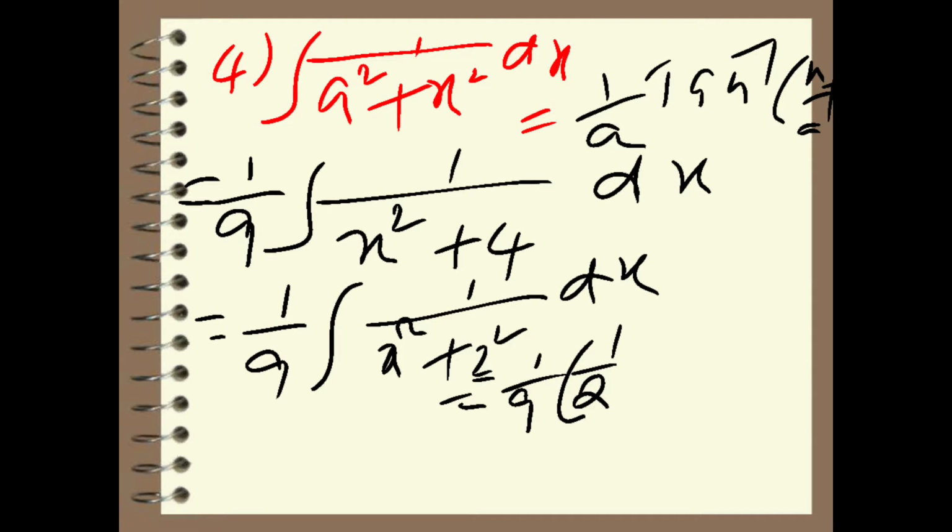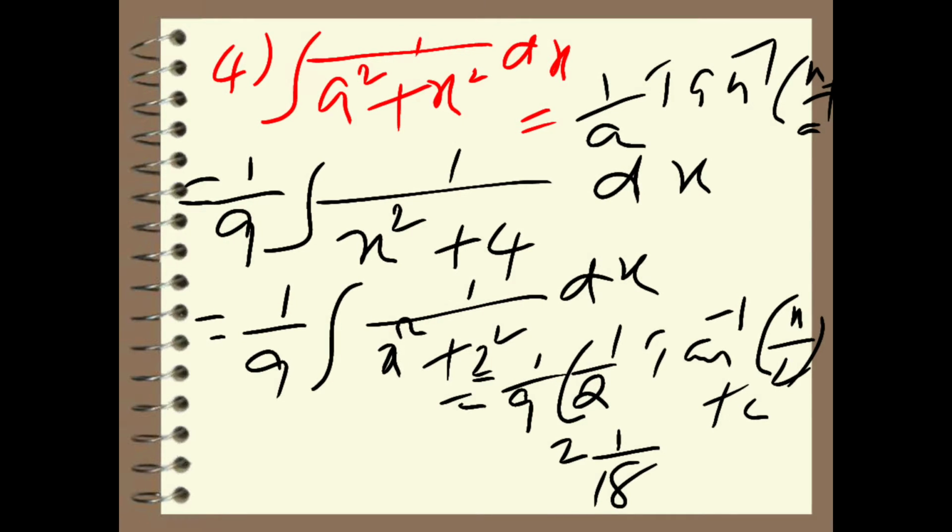A means here 2. So 1 by 2 tan inverse of x by 2 plus c. If we write one more step, 1 by 9 2 is 18: 1 by 18 tan inverse of x by 2 plus c. So which is our answer? Is it clear? Okay, done.